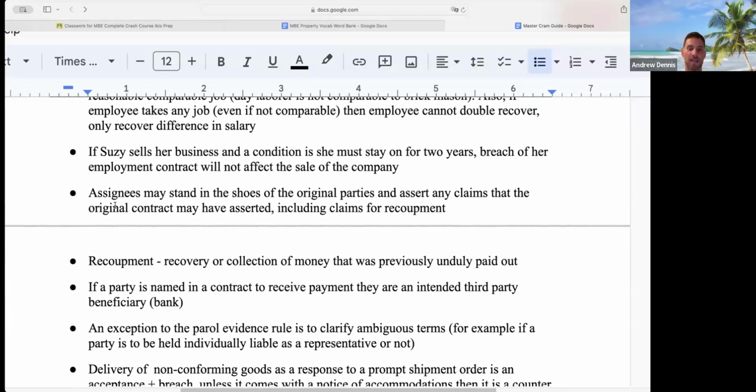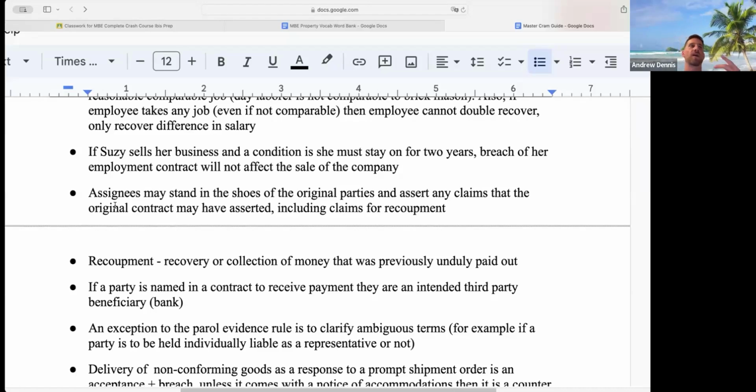So assignees may stand in the shoes of the original parties and assert any claim that the original contract party may have asserted, including claims for recoupment. So recoupment means that you're going to recover from a debt.